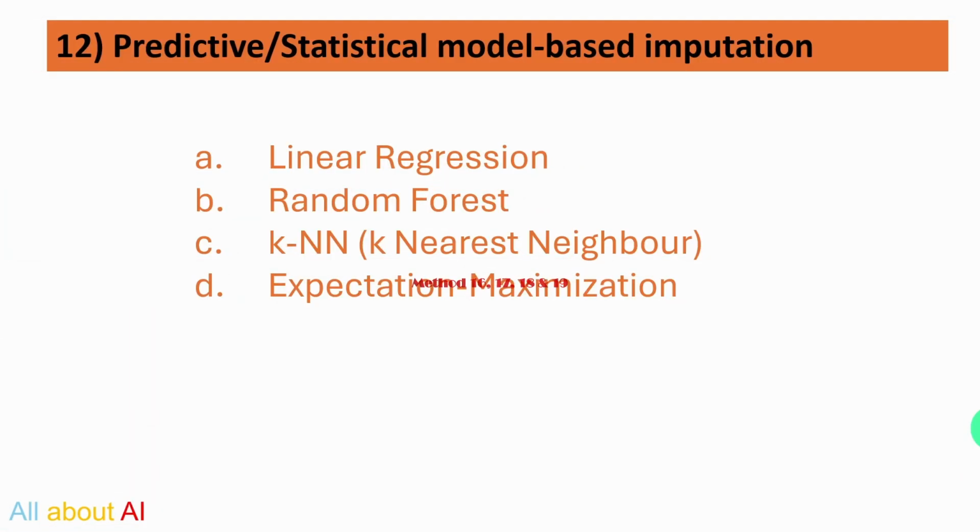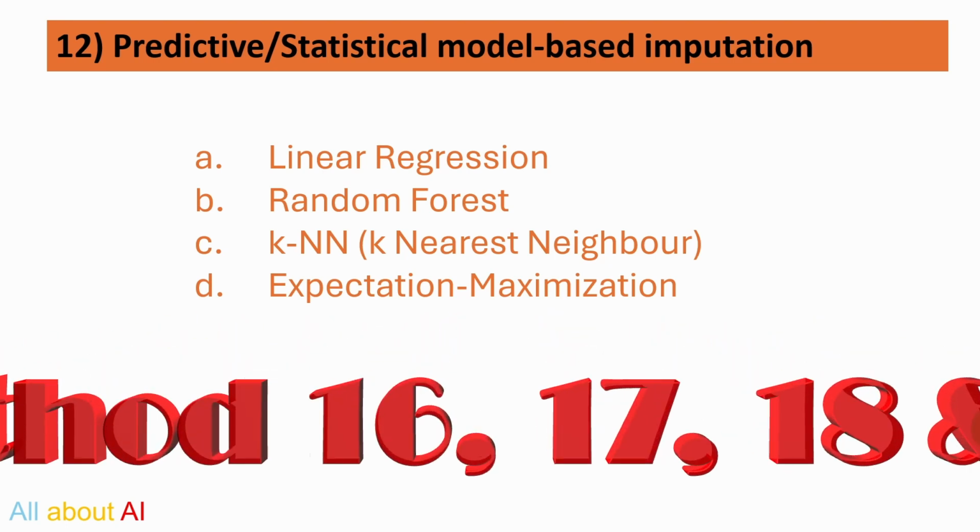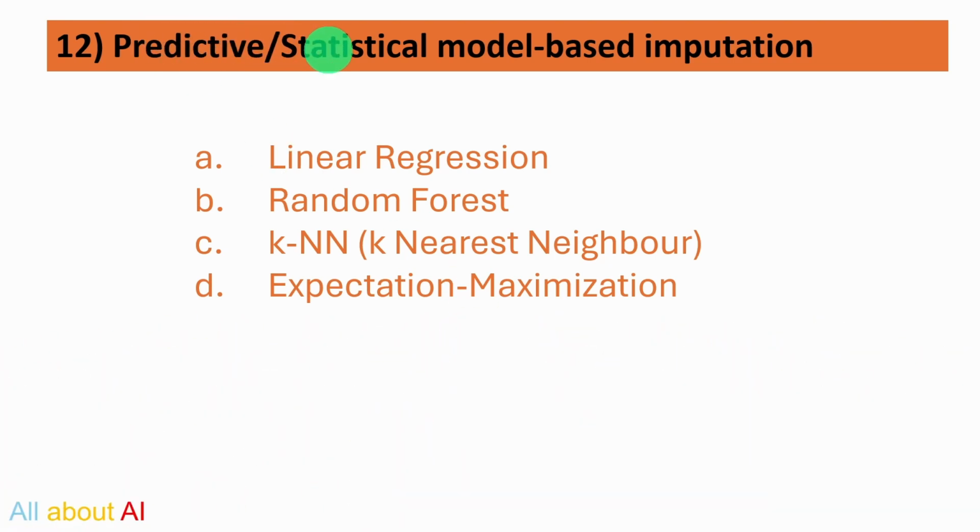Now we'll take a look at advanced imputation methods using predictive and statistical model based imputation. We'll go through code on linear regression, random forest, k-nearest neighbor, and expectation maximization.